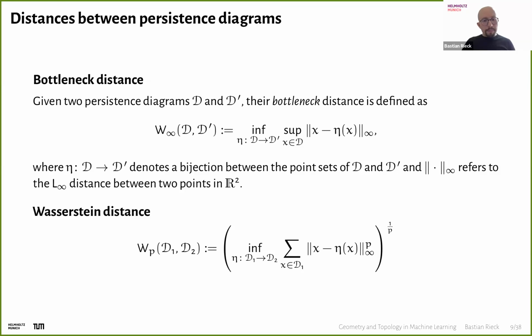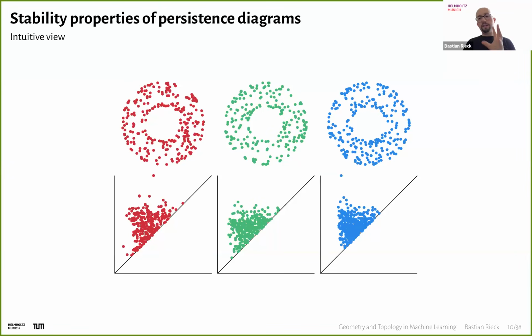And the great thing about this, and this is an intuitive view, is that the process of generating persistence diagrams, of generating these descriptors from point clouds, is stable in a very concrete sense. By stability, we mean that if we change the point cloud a little bit, for instance, if we subsample it or if we wiggle the point positions a little bit, the diagram changes continuously with respect to the distance between persistence diagrams.